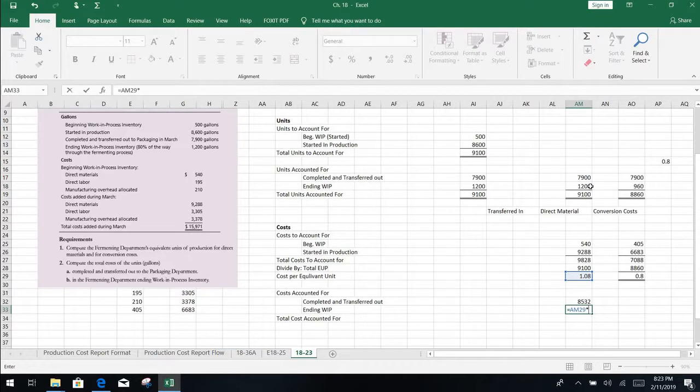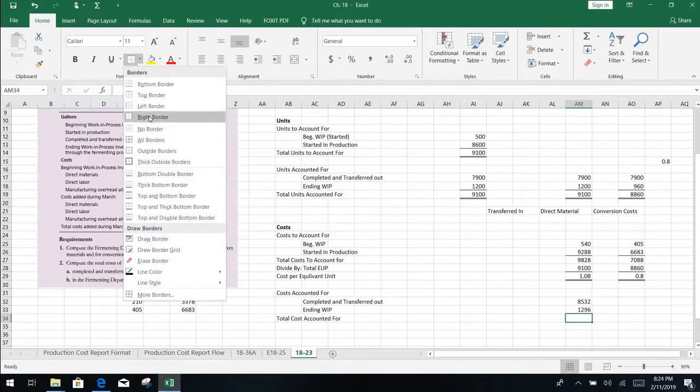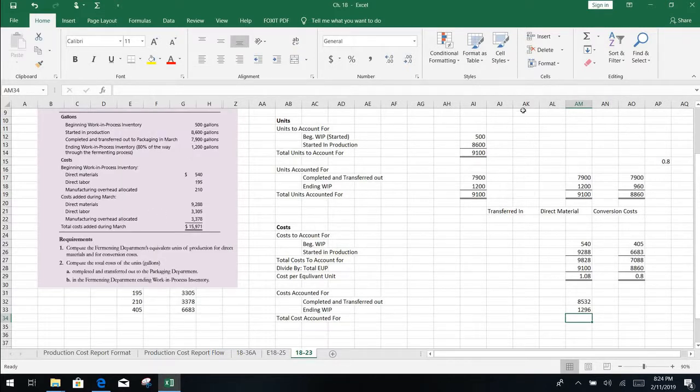Click 1200 and enter. We're going to sum those two values. Okay, so let's get the format. Okay, let's go ahead and sum that. Double click.